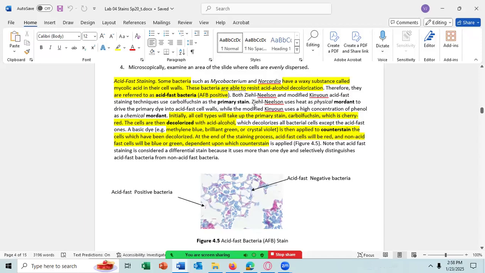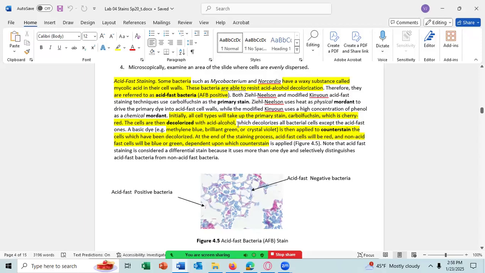Ziehl-Neelsen uses heat to drive the carbol fuchsin inside the acid-fast positive cells, while the Kinyoun stain uses a high concentration of the stain to act like a chemical mordant, causing the stain to get inside the acid-fast cells.